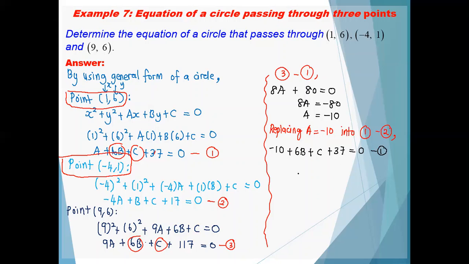This is 1 updated. And then replacing a is equal to negative 10 into 2, so -4 times -10 is positive 40, plus b plus c plus 17 is equal to 0.